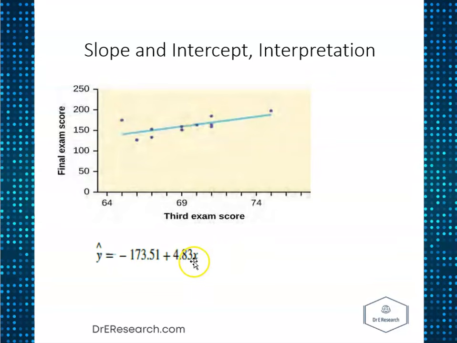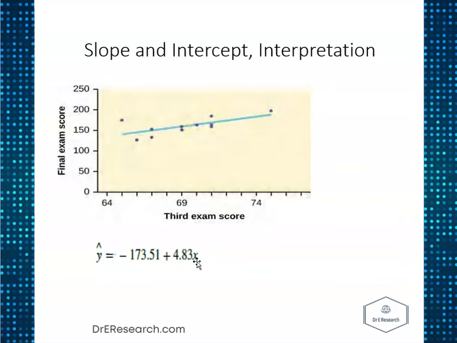But also, what's important here is the slope helps me understand if x increases by 1 unit more, I will get one more 4.83 in there. Okay, so essentially my predicted final exam score is 4.83 higher each time x increases by 1.